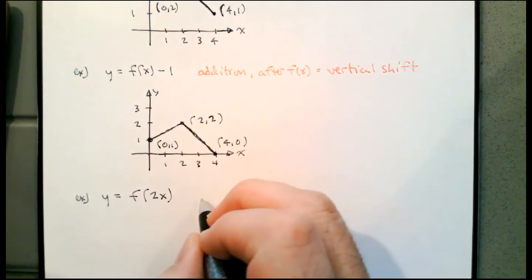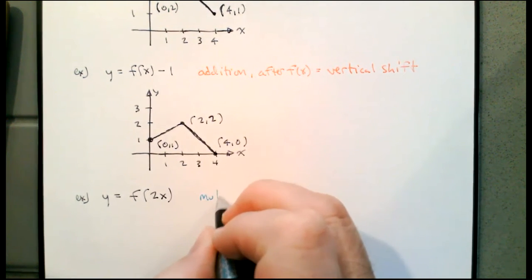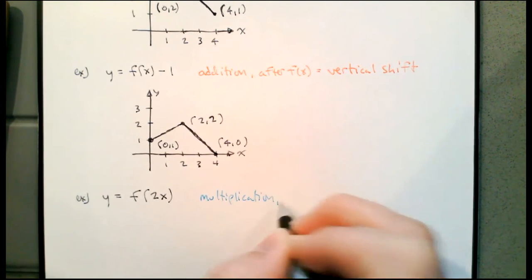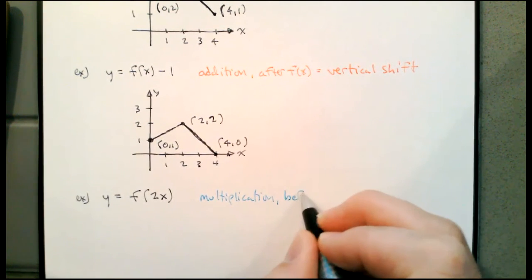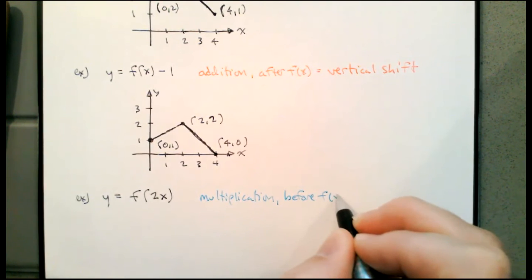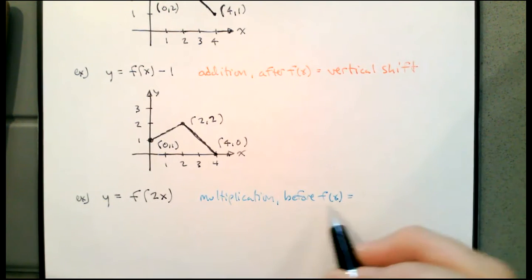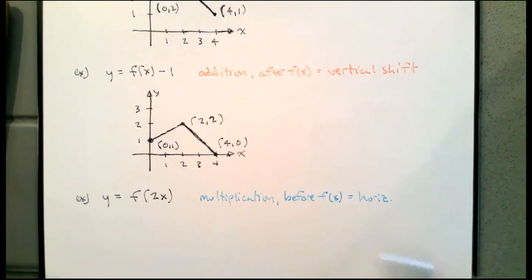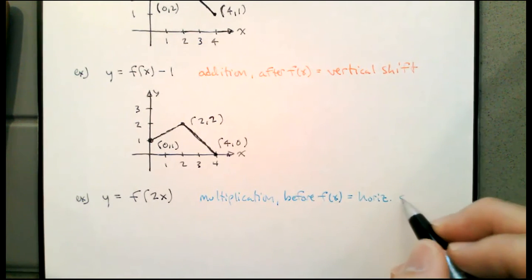So here we have multiplication, and it's before f of x. Before means we're going to have a horizontal change, and multiplication means we're going to have a stretch.